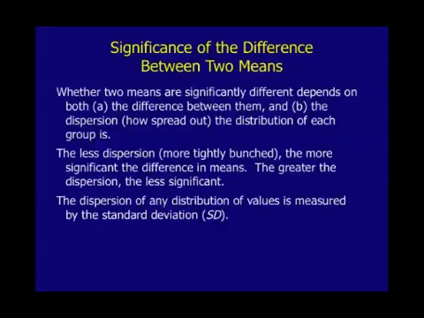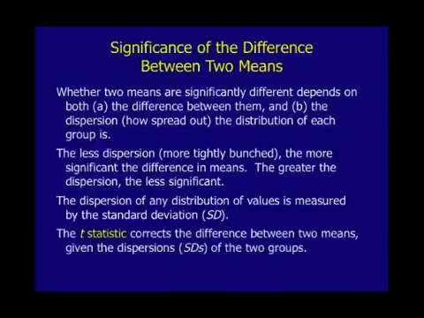How spread out is the group? A high standard deviation means very spread out. A low standard deviation means very bunched together. The t-test, or t-statistic, takes the difference between the two means and adjusts it or corrects it for the dispersions, the standard deviations, of the two groups.